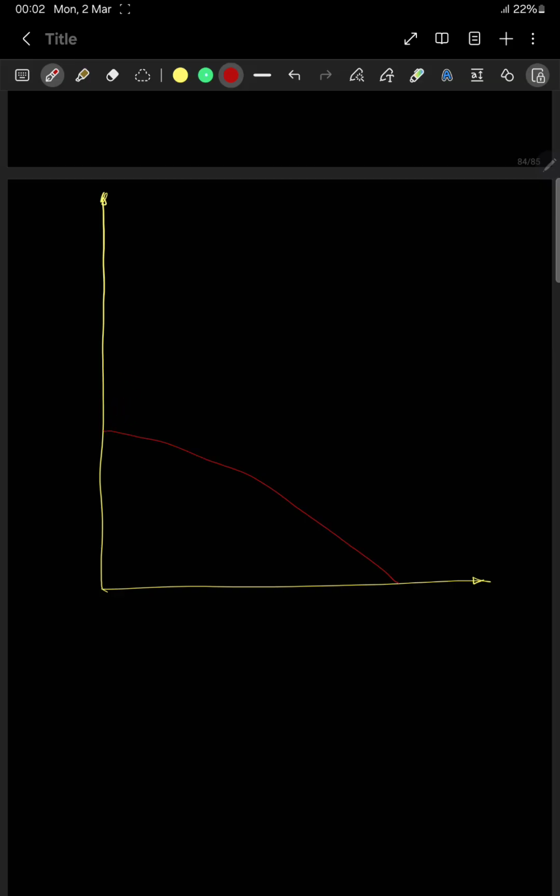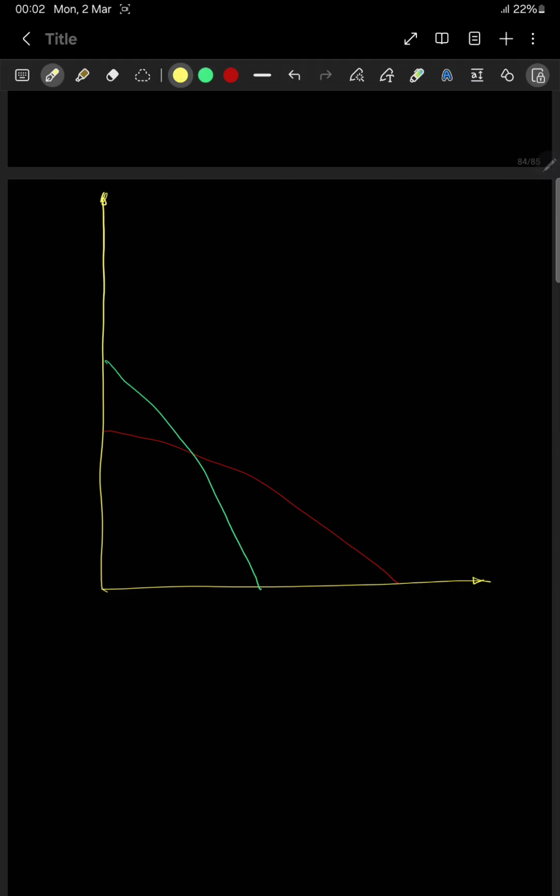Now when pumps are in series, let's say these are two characteristic lines of two different pumps.